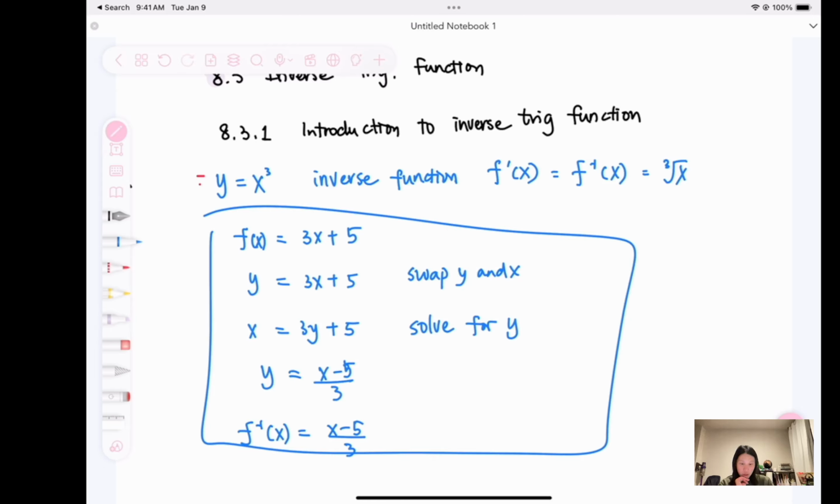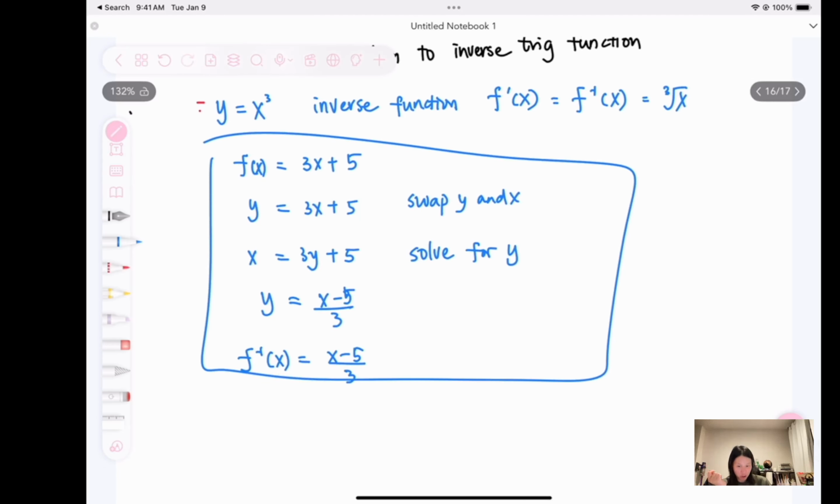Okay, let's get back to our cubic function. What does the inverse function help you do? In fact, the inverse function helps you solve an equation, but we will talk more about that later.